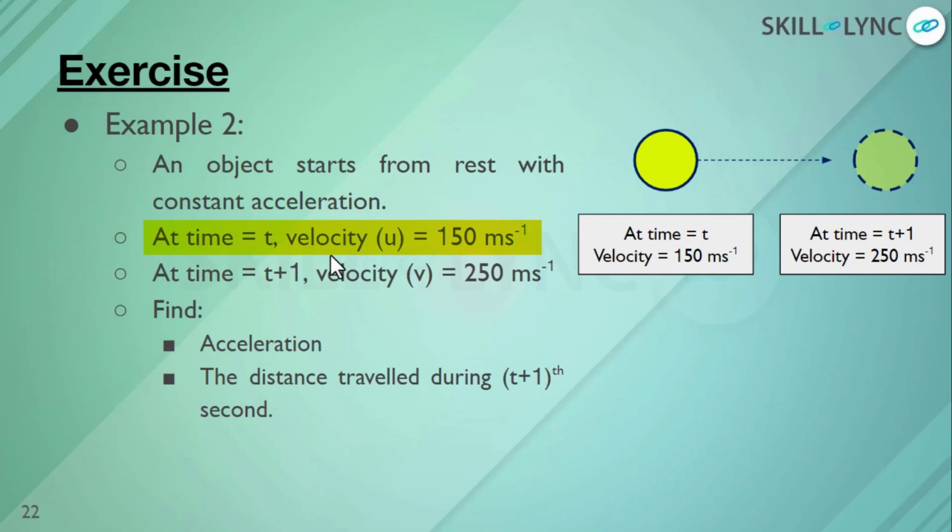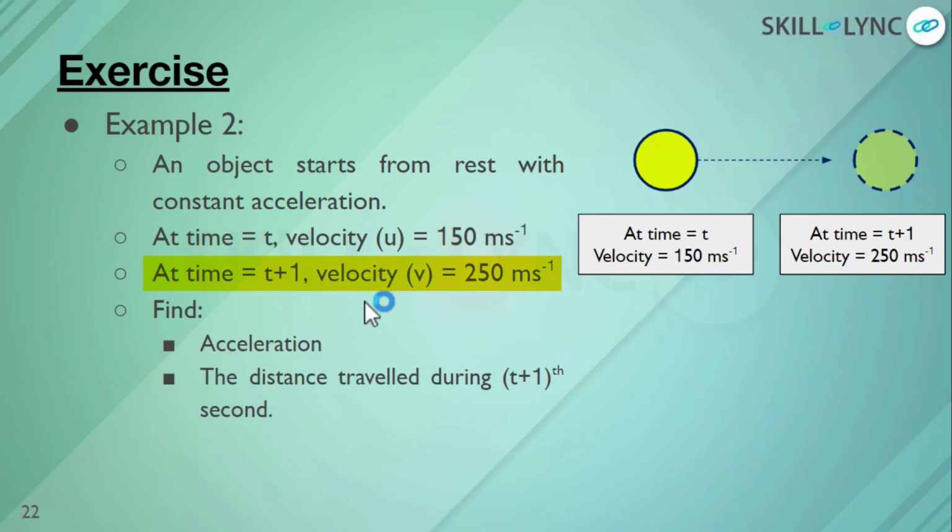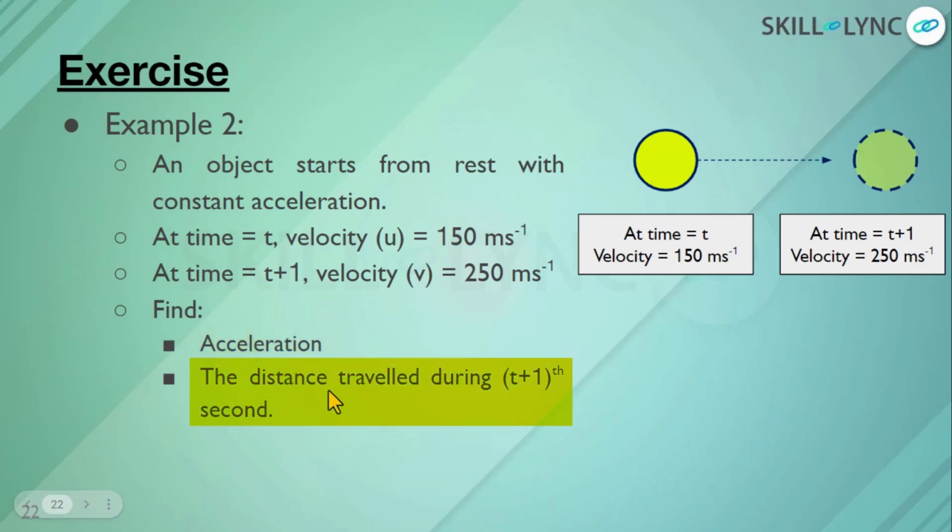So we got to know that the initial velocity of the object was 150 meter per second. At time t plus 1, the velocity is v = 250 meter per second. That is the final velocity of the object achieved at time t plus 1. We need to find the acceleration and the distance traveled during the t plus 1th second.